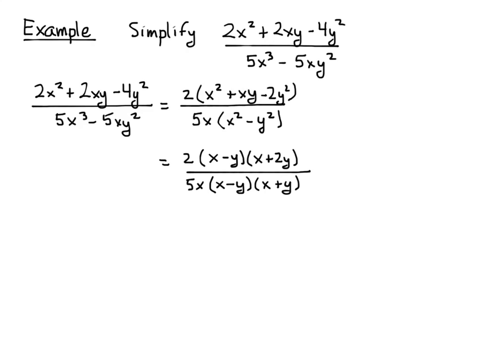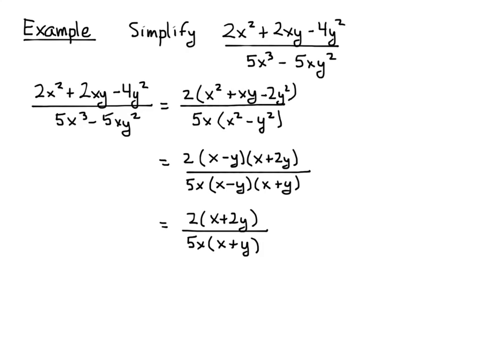Now this leads us to a little bit of a different situation, because if you look at what domain restrictions are implied here, x can't be 0. That's straightforward enough. Now this one suggests that x and y can't be equal, and this one suggests that x can't be negative y. But we're going to cancel out this term, x minus y.